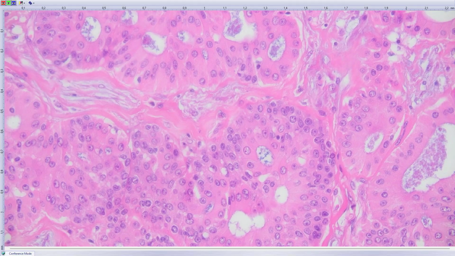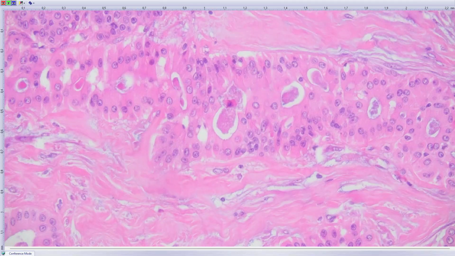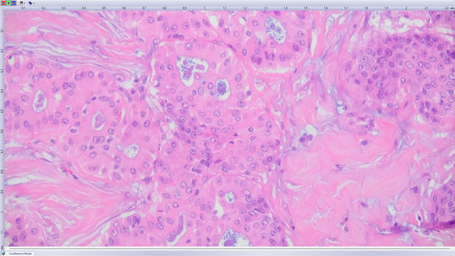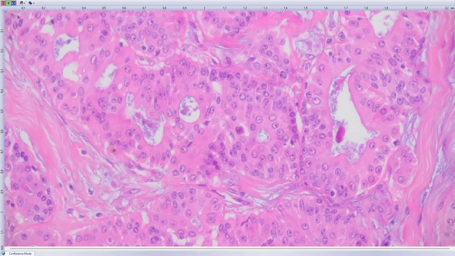So even this could be. If you look, I have many slides, and there was just a little bit of mucin production in these lumina, but not true mucocytes. That's the only pitfall of this.